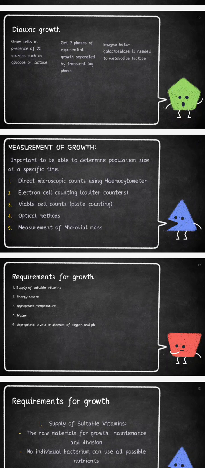So the first measurement is the direct microscopic counts using your hemocytometer. The hemocytometer counting chamber is used with cells in suspension.